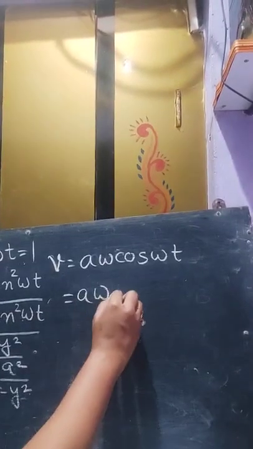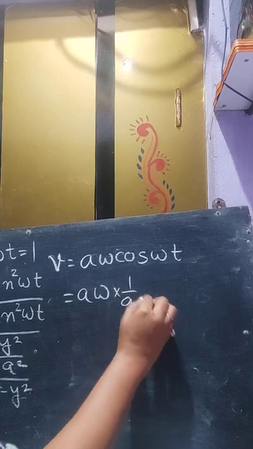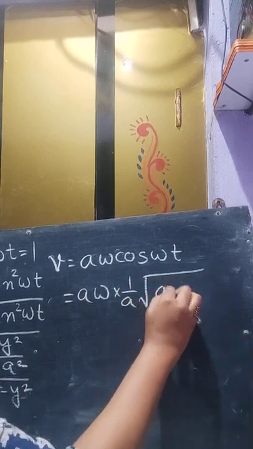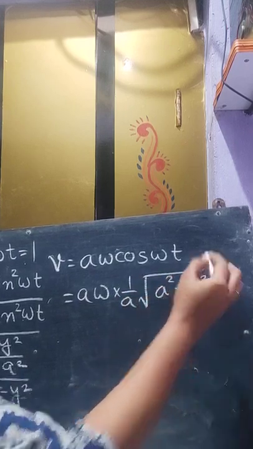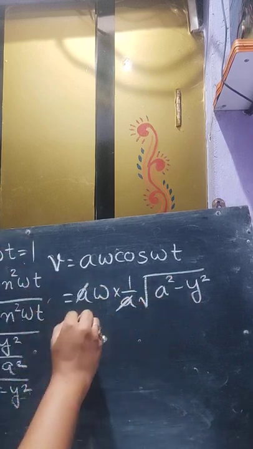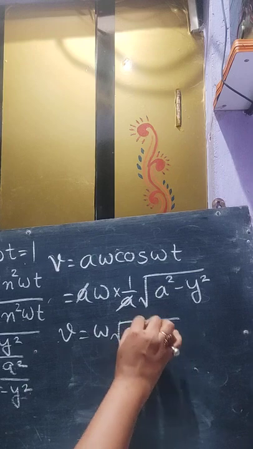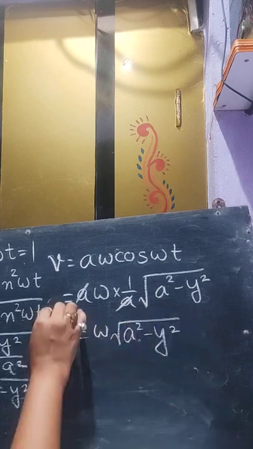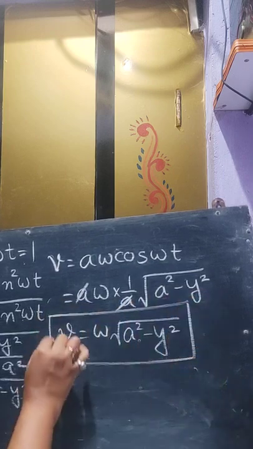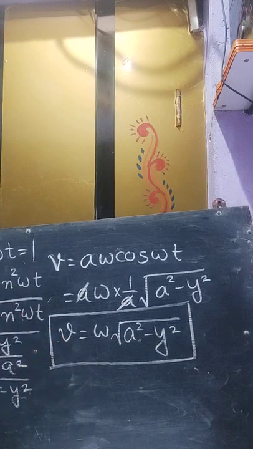Just replacing the value, a cancels out. So, V becomes omega into the square root of a square minus y square. So, this is the expression for the velocity of SHM.